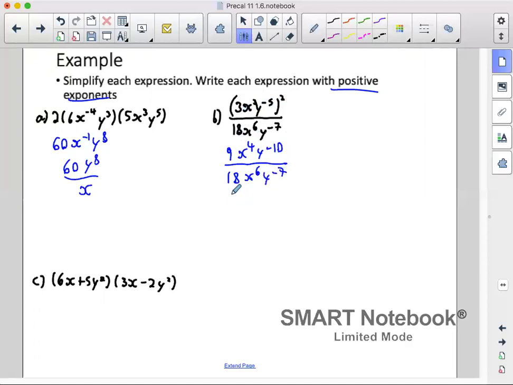Reducing these to lower terms, we end up with a 2 on the bottom. x to the 4 over x to the 6 would give us x squared on the bottom. And this would give us y cubed on the bottom. So we have 1 over 2 x squared y cubed.